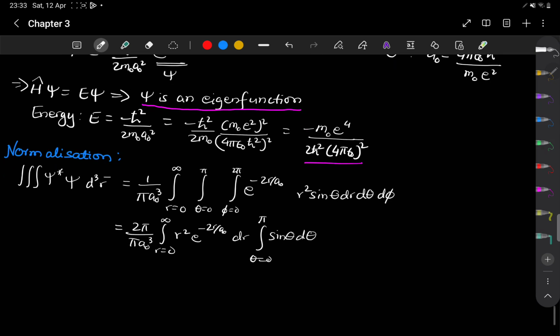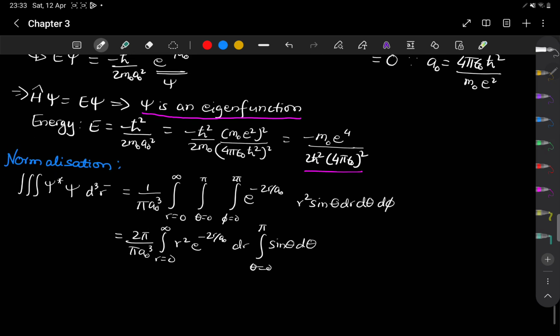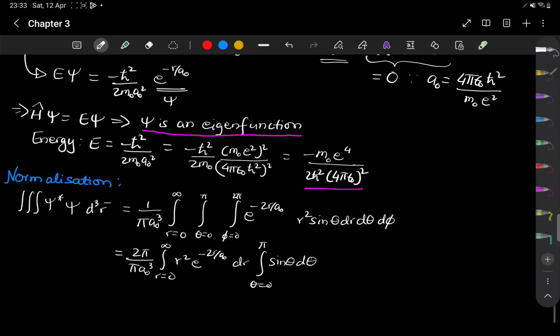This theta integral is nothing but 2, because the integral of sine theta is minus cos theta, and when you put in the limits pi to 0, you get 2. So this makes it 2 into 2, 4 pi in the numerator, and now only the r integral is remaining.